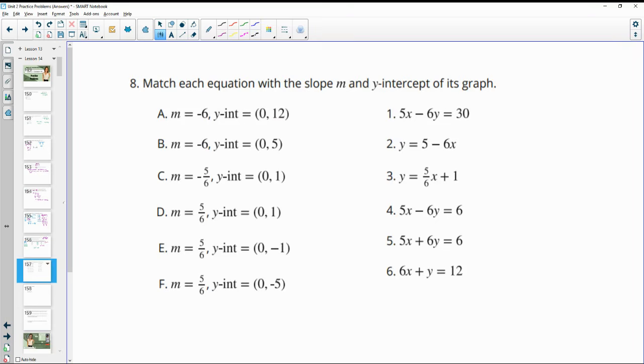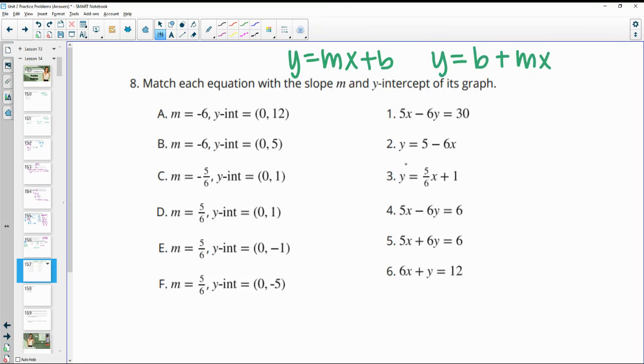Number 8, match each equation with the slope and the y-intercept of its graph. Again, with ones like this, I like to look for easier ones so that I can minimize my choices. So I like to look over here, and if I'm looking for slope and y-intercept, I look for any equation in slope-intercept form, solved for y, or they could have the y-intercept first and the slope second.